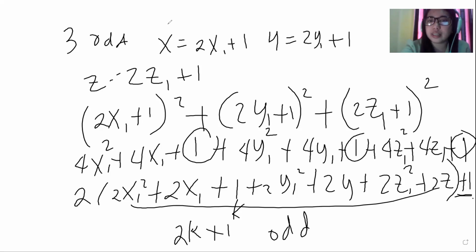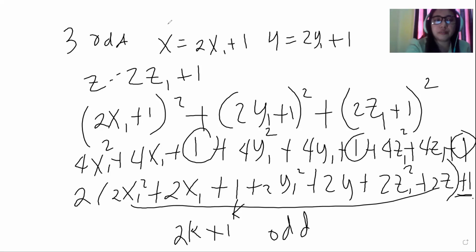What else did we not finish? We're done with all three variables even. The second one is two odd and one even, and then three odd. So what if we have also two even and one odd?